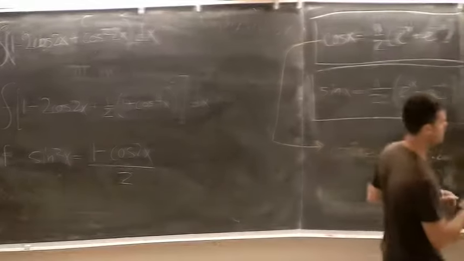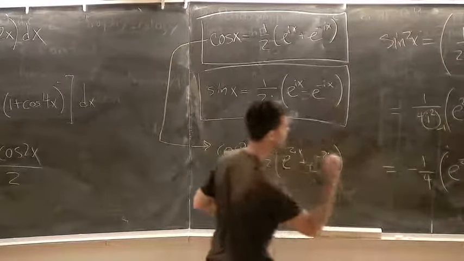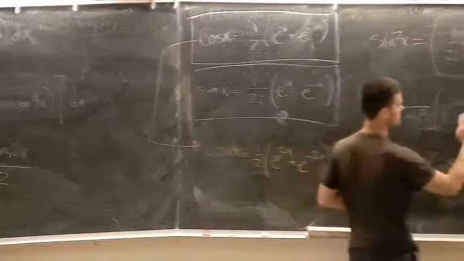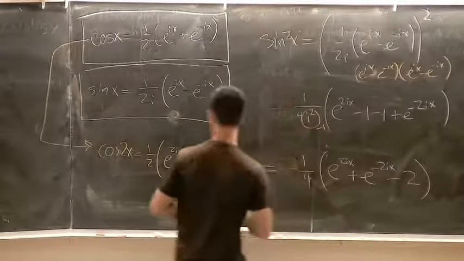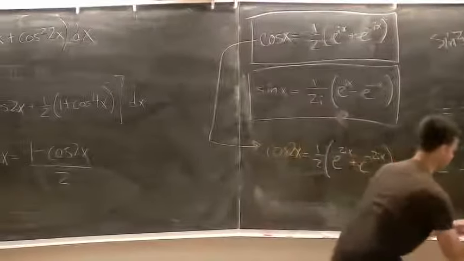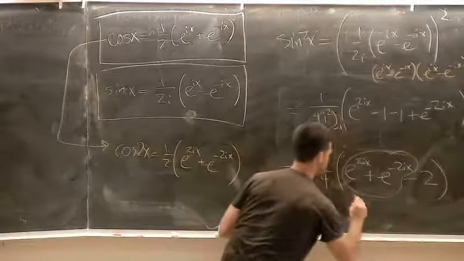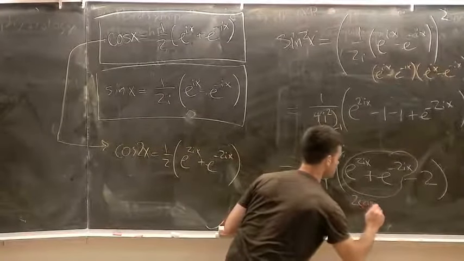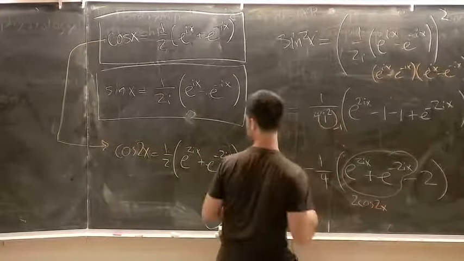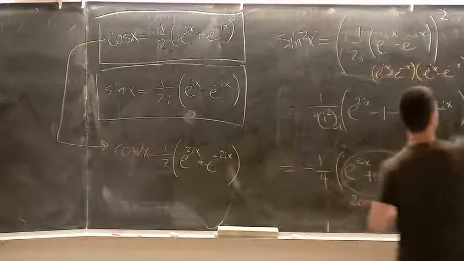Sorry, this is a plus, yeah, good. So this is actually 2 cos 2x, according to this formula.